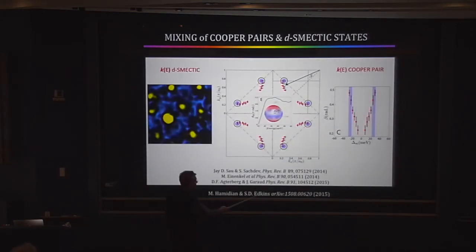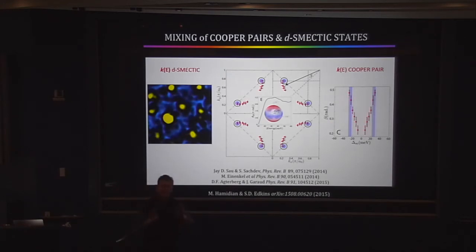So here's my last slide. About 3 weeks ago, we were able to find a certain set of wave vectors, or wavelengths, for the electrons in this compound, where by applying a magnetic field, we could convert the superconducting Cooper pairs into the density wave states at only these locations, and we could measure the mixing angle between the two states.